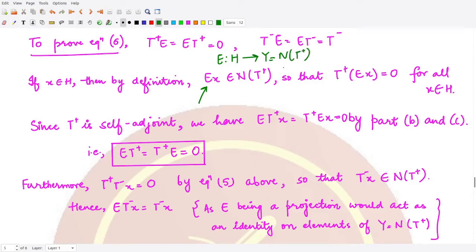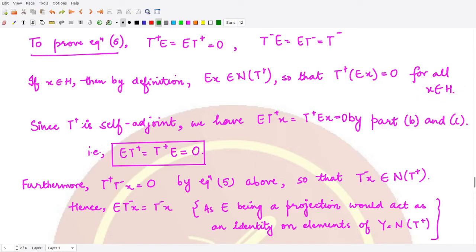This was the definition for E. So when you apply E onto X, which is some element of H, it would be present in the null space of the operator T positive. It means when you apply T positive onto this element, you would obtain a 0. This is true for every X that is a member of the given Hilbert space. This is one thing.